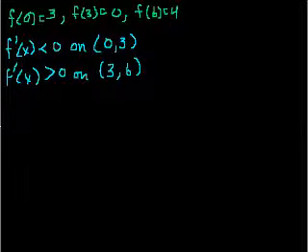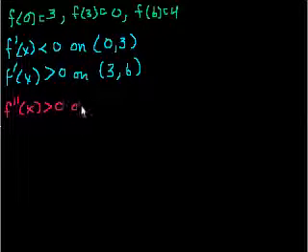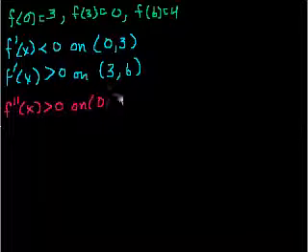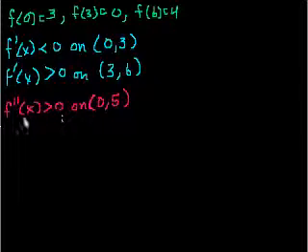And what do they tell us about the second derivative? They tell us that the second derivative is greater than 0 on the open interval from 0 to 5. So that means it's concave upwards there.